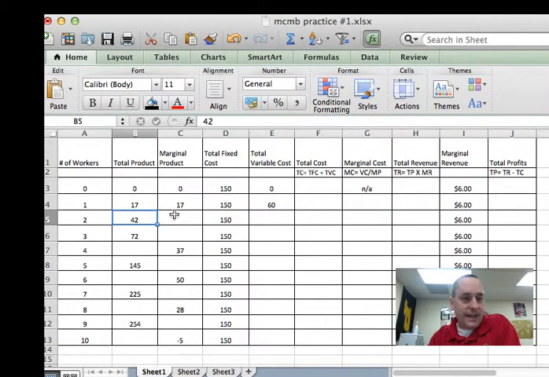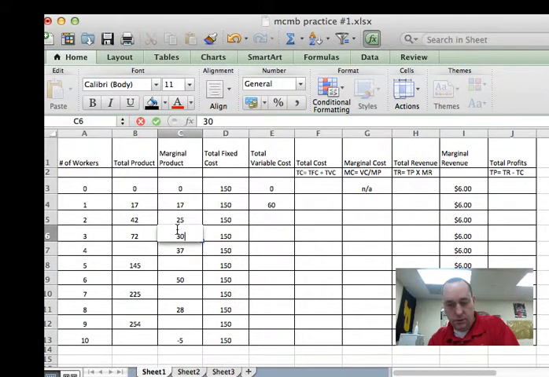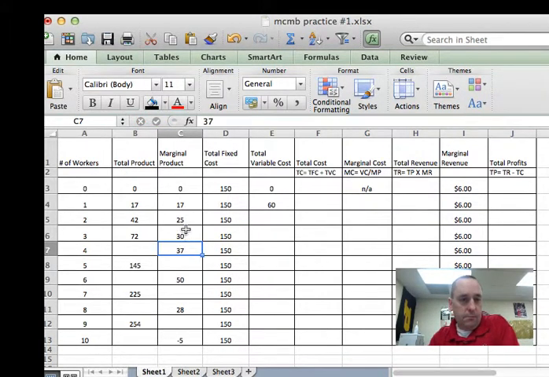So I know that this second worker was worth 25. And so 17 plus 25 equals 42. So when I go from my second worker to my third worker, how much did my production increase? Well, 30. So I know that this person was worth 30 marginal. When we add one more, how much are they worth? That's what marginal means. So anytime you see the word marginal, we're talking about adding one more. In this case, we're adding one more worker.